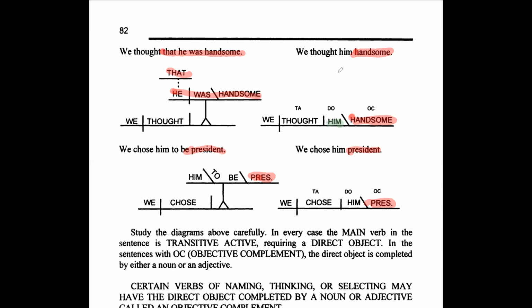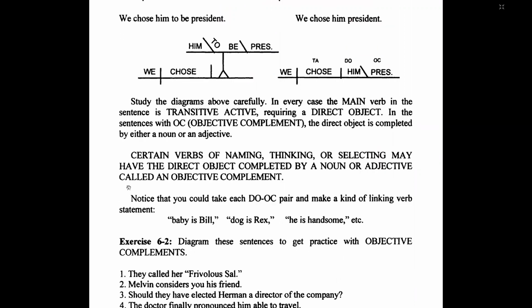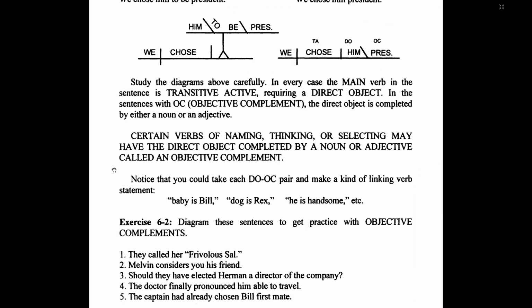We need to complete the meaning with those nouns. That's why they're called object complements, because they complete the meaning. It complements the direct object, and it completes the meaning of the verb and the object, okay? Certain verbs of naming, thinking, or selecting may have the direct object completed by a noun or adjective called an objective complement. Okay, so it's only certain verbs that'll have this: naming, thinking, selecting.